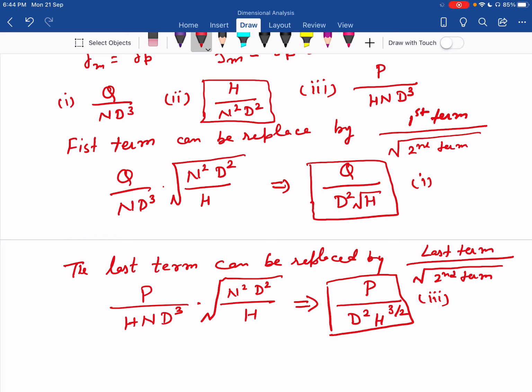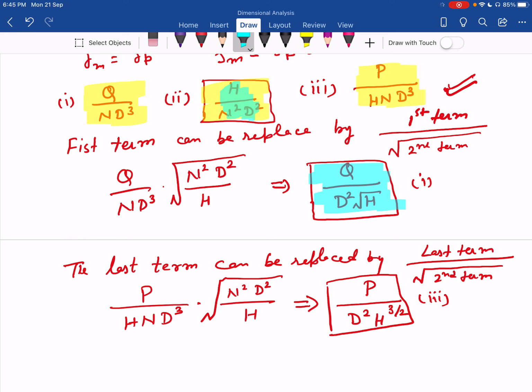So now I have two sets of equations. This is the one set, equation 1, equation 2, equation 3, the yellow one. Now the other set is the first term, second term, and the third term.